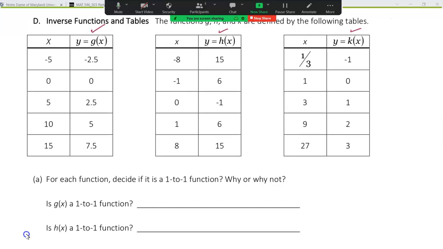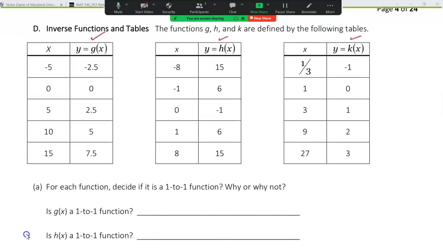For each function, decide if it's 1 to 1, why or why not. Okay, look at g of x. To be 1 to 1, you have to pass the vertical line test and the horizontal line test. The vertical line test happens over here. Anything repeats? So I have no repeats, so I'm good to go.